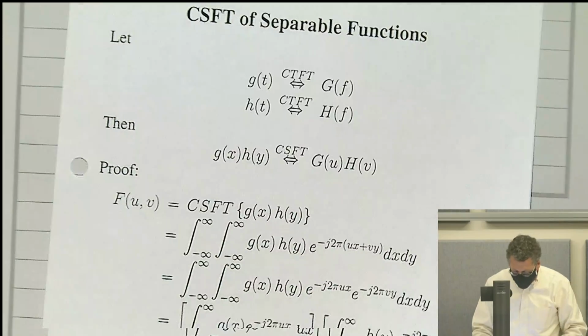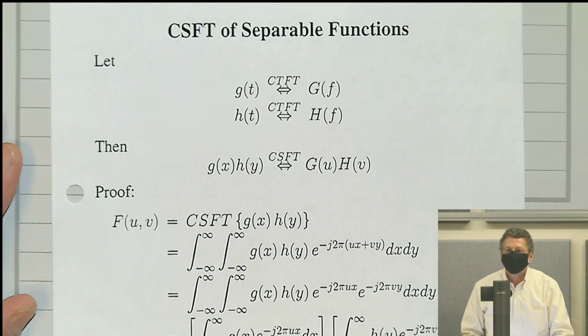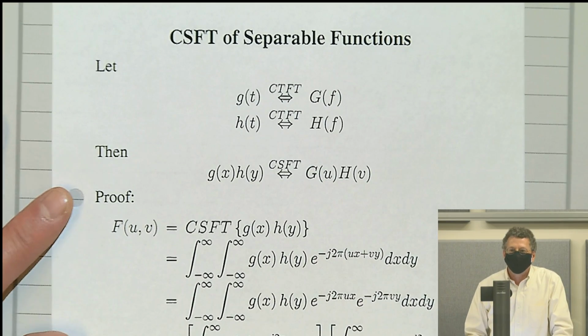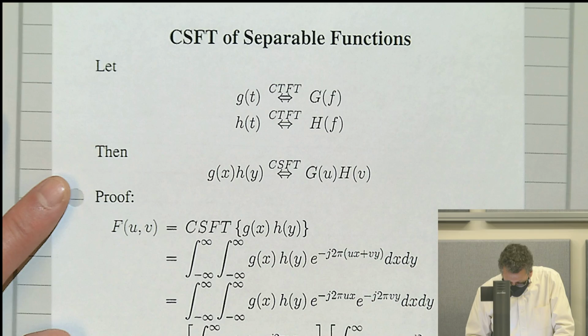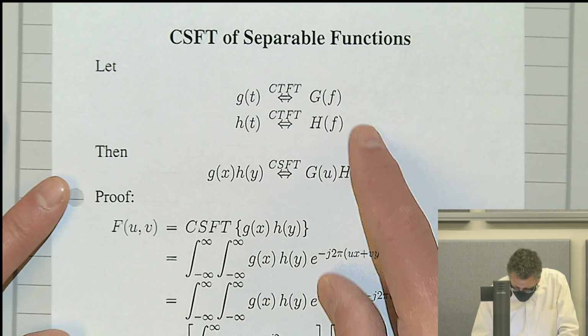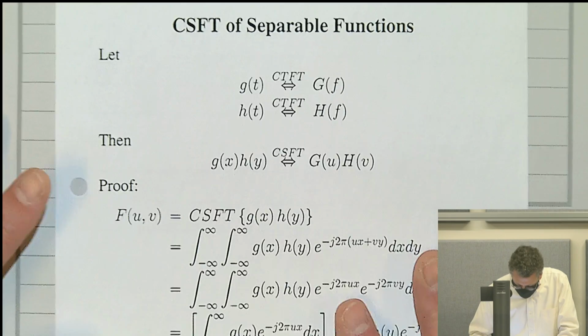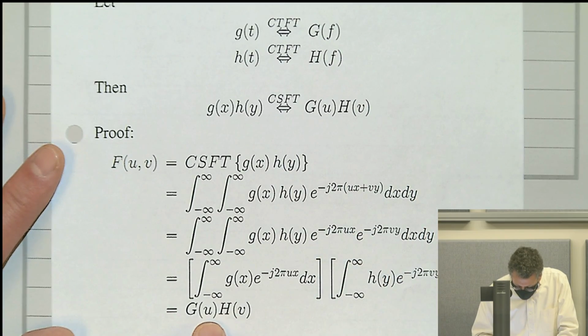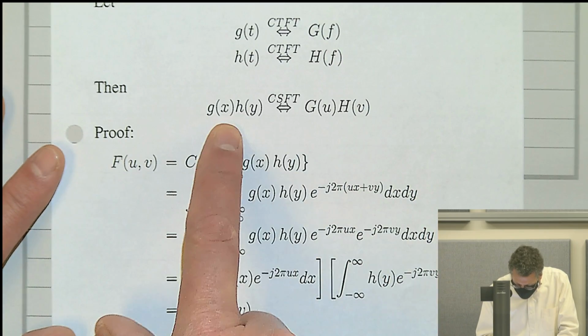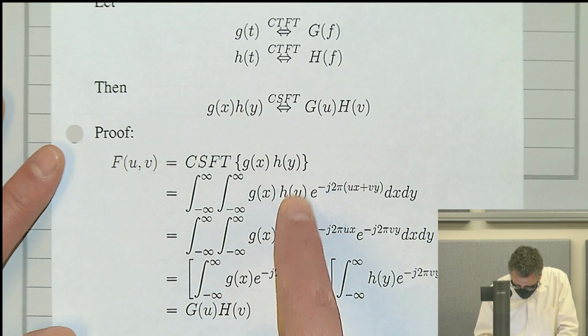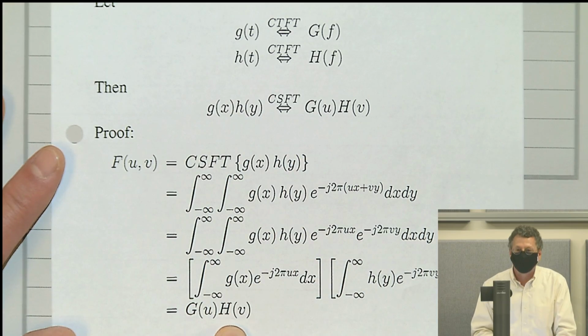But basically, it leads to another thing, which is that the continuous space Fourier transform itself is separable. If the function is formed by the product of two functions, you can show that you can write it as the product of the Fourier transforms of each of the two functions.